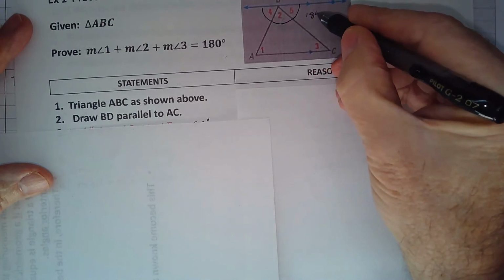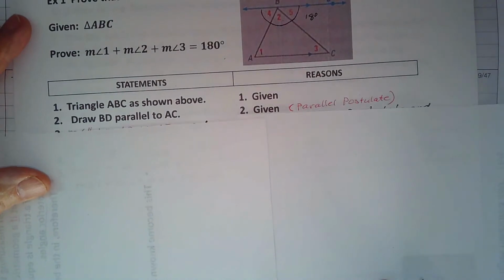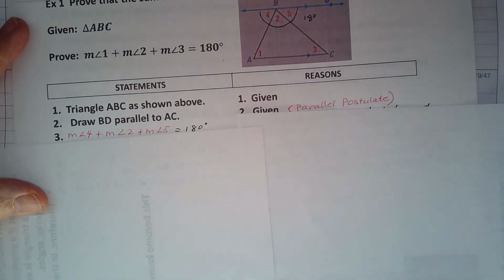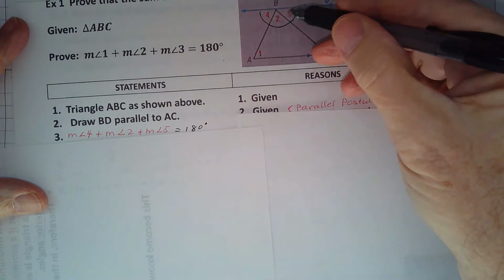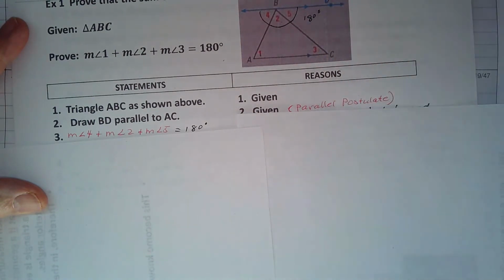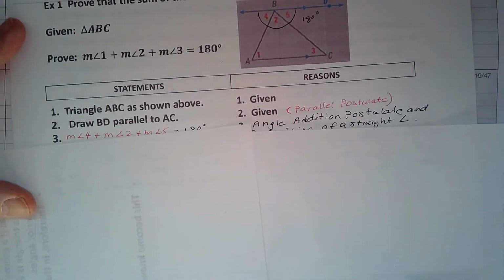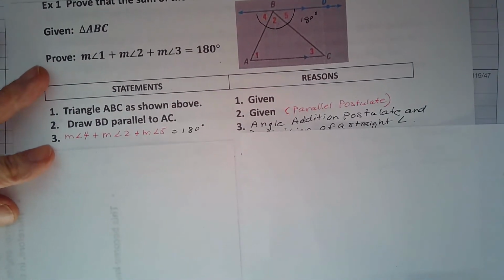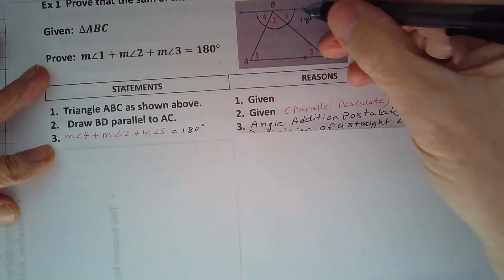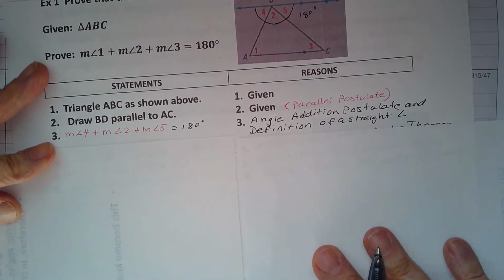How do we know this? Well, these are called straight angles. So we can say that the measure of angle 4 and angle 2 and angle 5 are 180 degrees because they're straight angles. We can also say that because the angle addition postulate allows us to add together the three angles. So I wrote down here angle addition postulate and definition of straight angle.